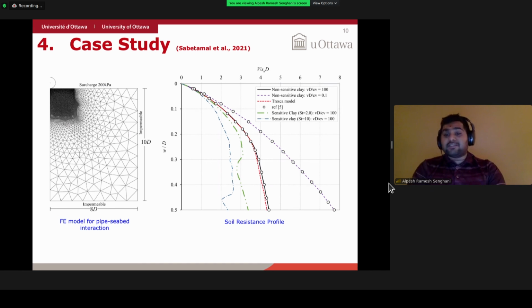However, for the sensitive clay, as you go deeper, the resistance reduces. That is because of the disturbance I told you about, the sensitive nature of the soil, because its remolded strength is very low. As soon as you disturb it, it's not going to give you any resistance, as you can see from this diagram.